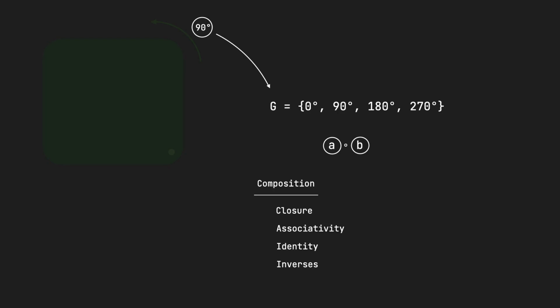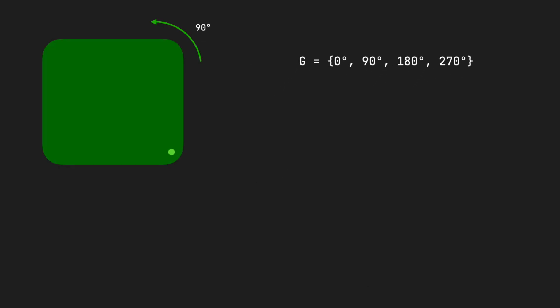In this case, we're applying that group to the square, and the square is represented by a space. This is represented by a set where we have a number of points x, y in R2. And I could apply a group to it, and whenever I do so, it's called a group action.